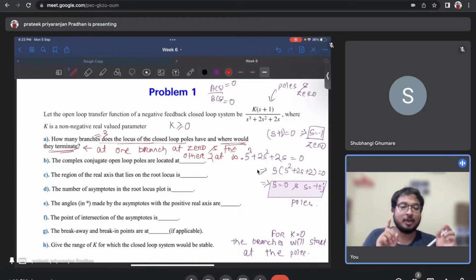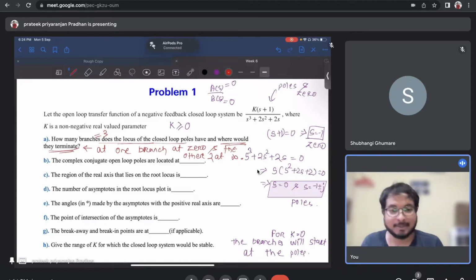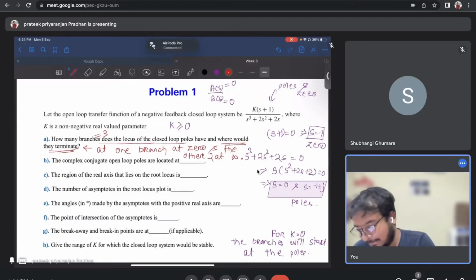Out of the 3 pole branches, one will terminate at the one zero, and the rest two will terminate at infinity. Okay, this question is solved.